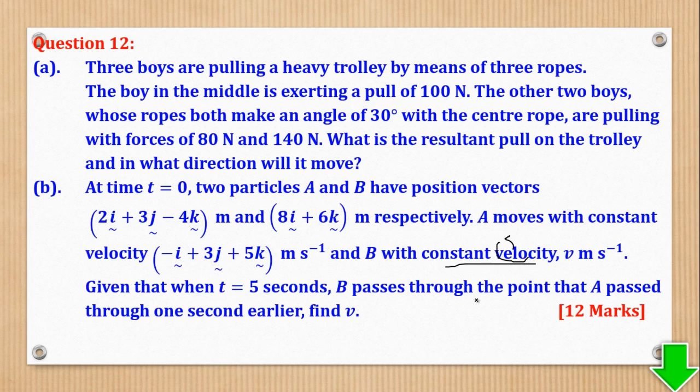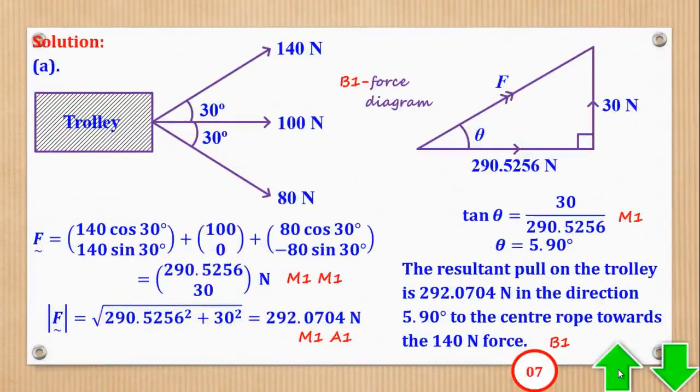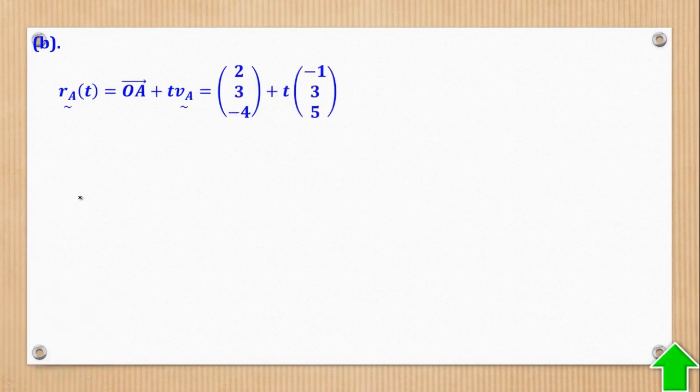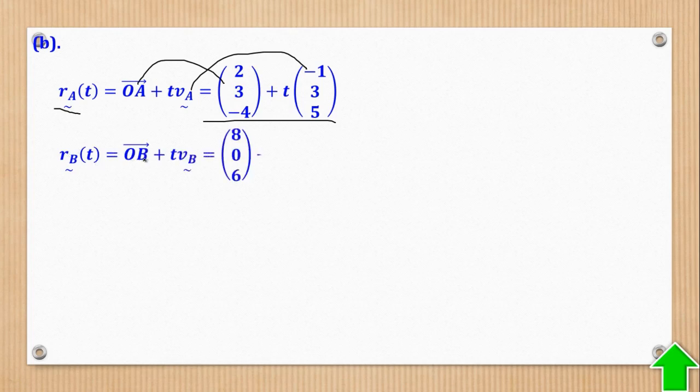So let's see how it was done. You have to first get the position vector of A, particle A at any time t, which is the initial position vector plus velocity times t. Do the same for particle B, initial position vector, velocity.